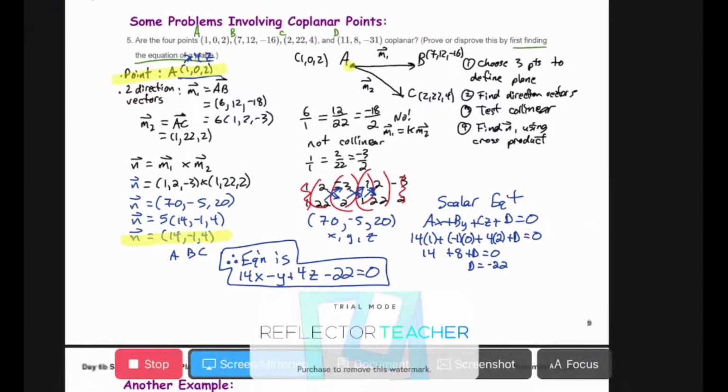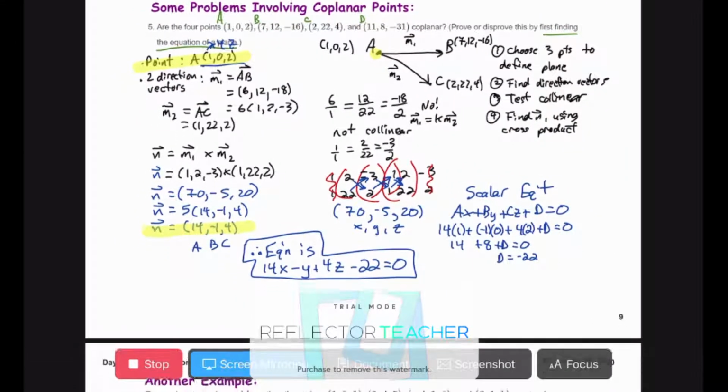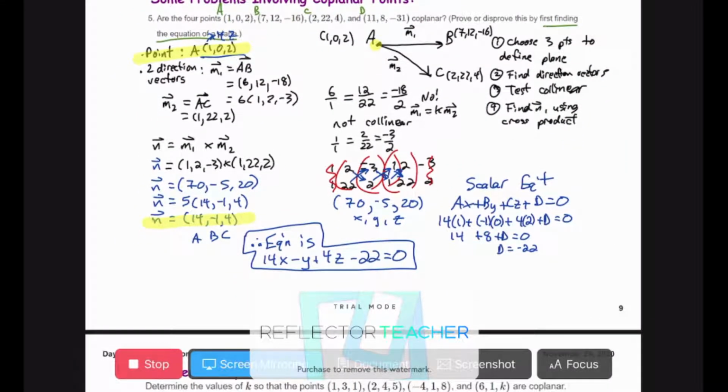Is there anything else we have to do in this question? What did it ask us to do? It said, are the 4 points coplanar? We don't know yet. We've just used 3 points to define a plane. Now we have to see if the 4th point lies on that plane. So find n using the cross product.